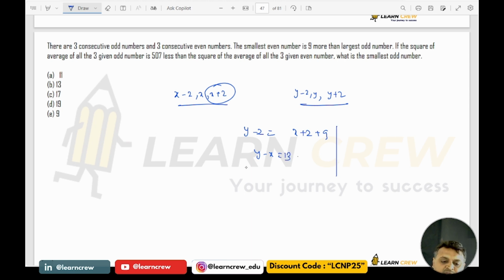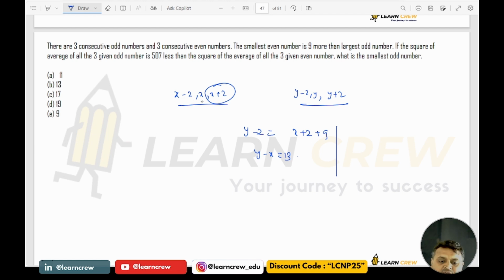Next, we have one more. If the square of the average of all the 3 given odd numbers... Average of the 3 given odd numbers means how much?